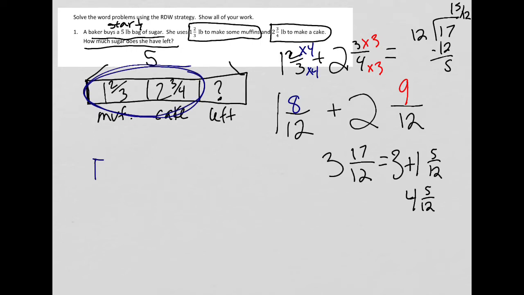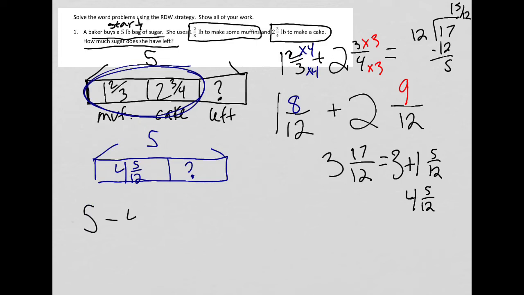So now if I think about my diagram, I've made it a little more simple. I know we have 5. I know this is 4 5/12. And then that is my question mark of what's left. Now it's telling me to do subtraction. So 5 minus 4 5/12 will give me what she has left. So I can rewrite this because I need to do a fraction. So I'm going to rewrite 5 as 4 12/12.